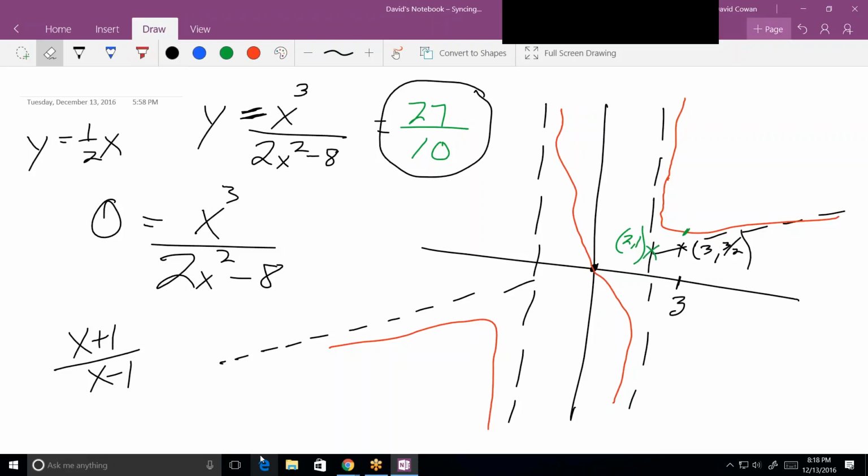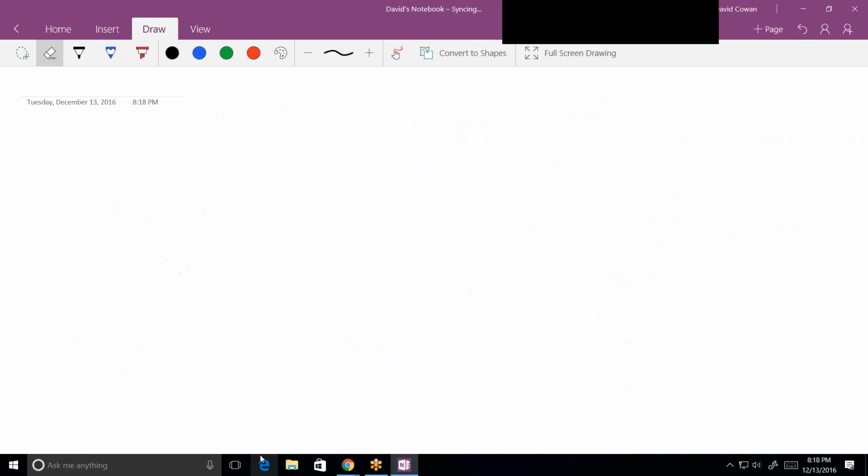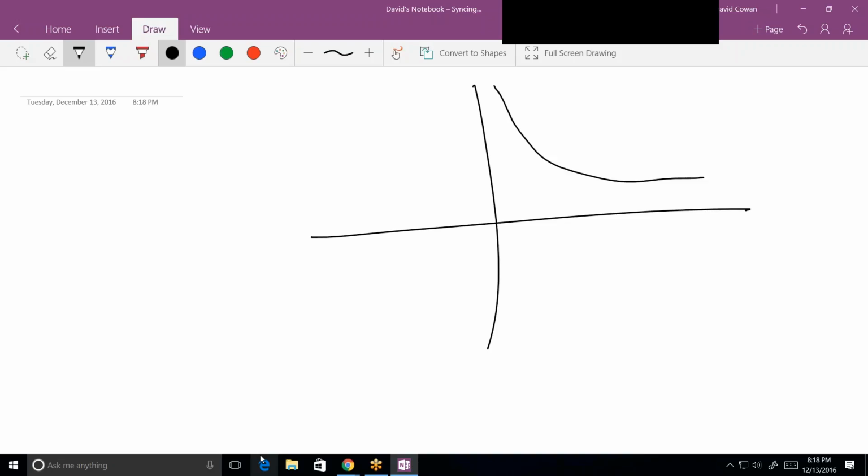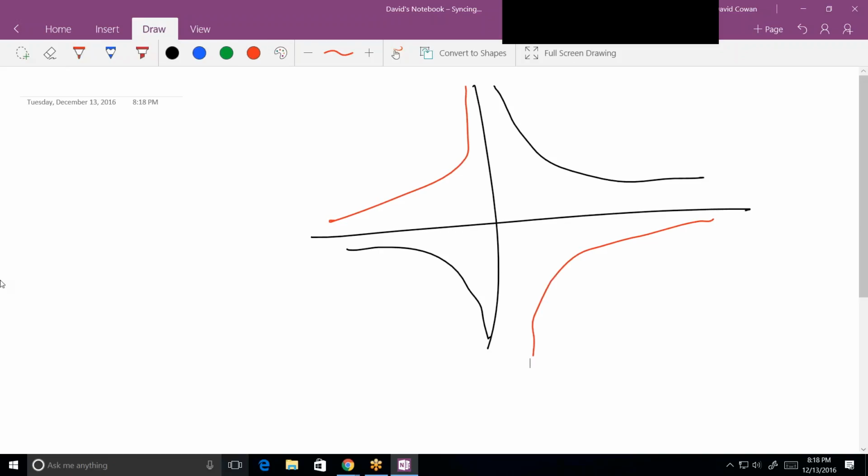Typically, if you have a hyperbola, you're either this way or you're in these quadrants. And it's easy to tell by just plugging in a point. And that's how you identify the behavior of your graph.